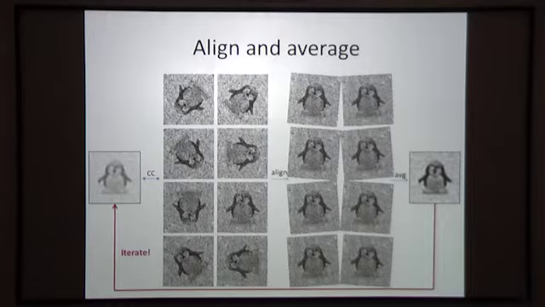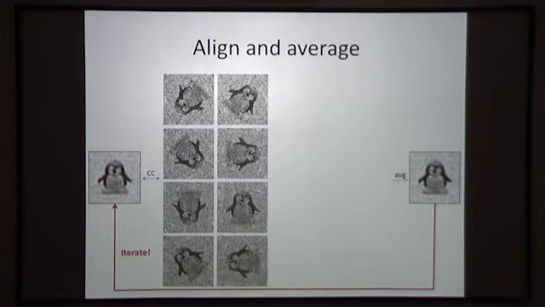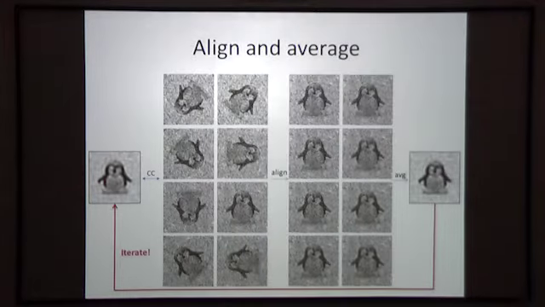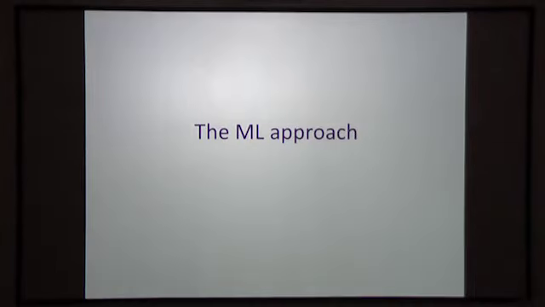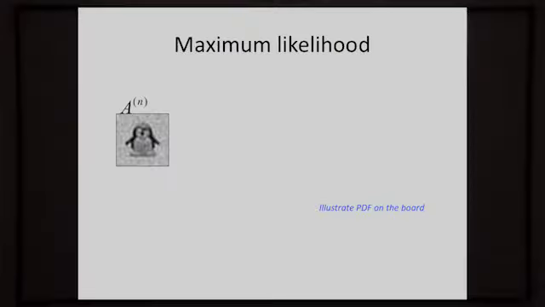Rather than going into 3D to do a reconstruction, I'm just staying in 2D to do averaging. And then hopefully next time round, the penguin is much better, the errors in these alignments get much smaller, and after a while I get to the estimate of the true underlying signal.